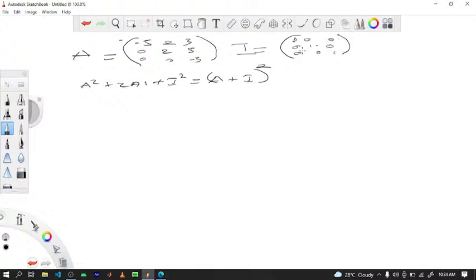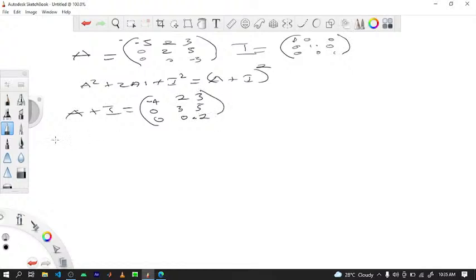And if we are to add A to I, it's simply going to be minus 4, 2, 3. The zeros cause all the other entries to repeat, right? So 0, 3, 5, and then 0, 0, minus 3 becomes minus 2 because we've added 1 to it.